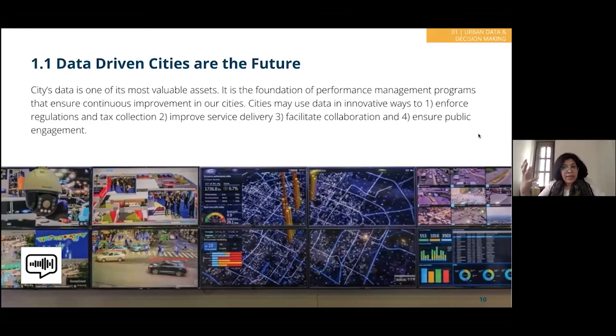And then finally, a very important aspect is that data also ensures transparency, accountability, and it also gives an opportunity for local governments to engage with the citizens and residents, right? So here in the fourth point, it becomes a two-way process, that we are also seeking data from people, but we are also making data more accessible and open for people to see and use.